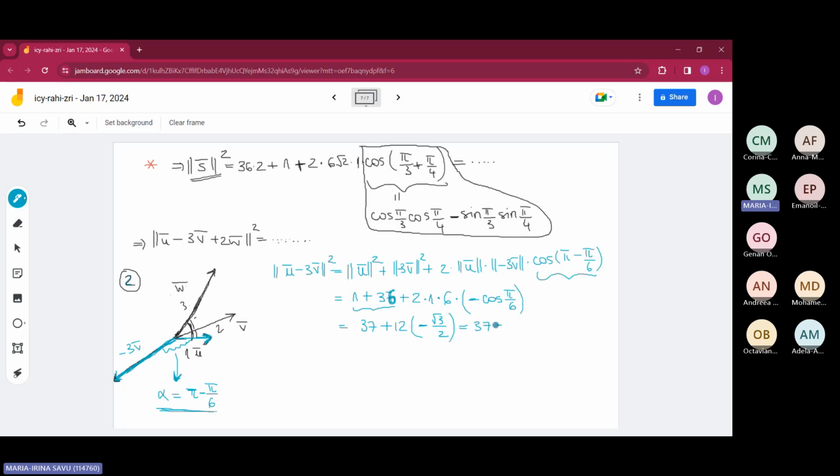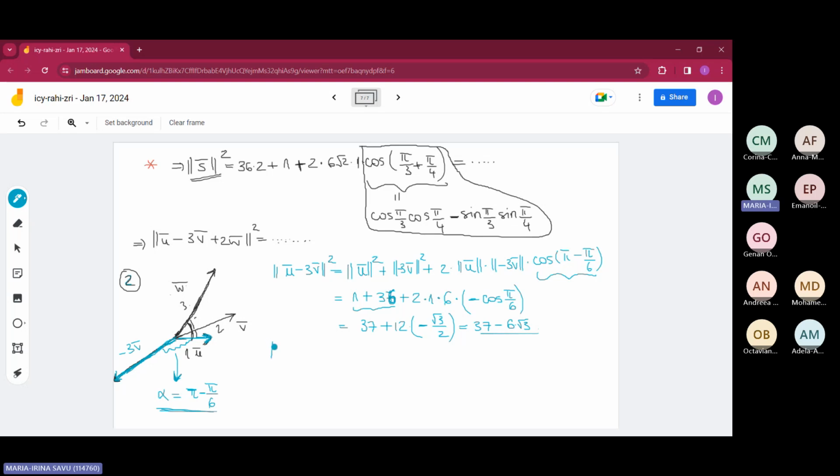So this is 37 minus 6 times square root of 3. This is the value of the length. Is it okay or not? It's good because it's not negative. I think that this was 6. Okay, this was good. So that's the value of the first one.